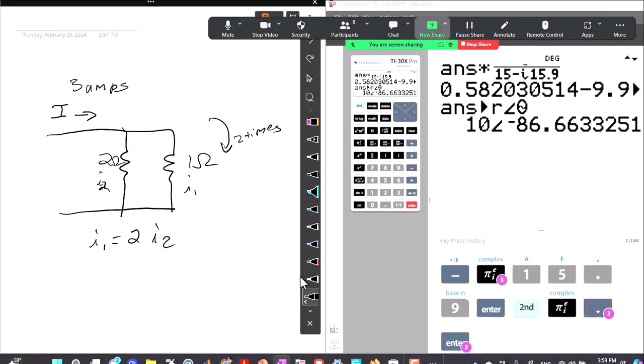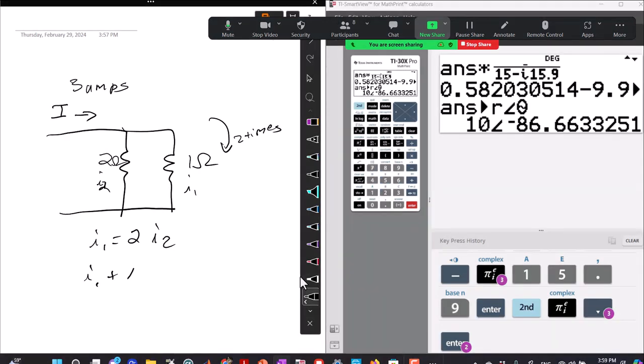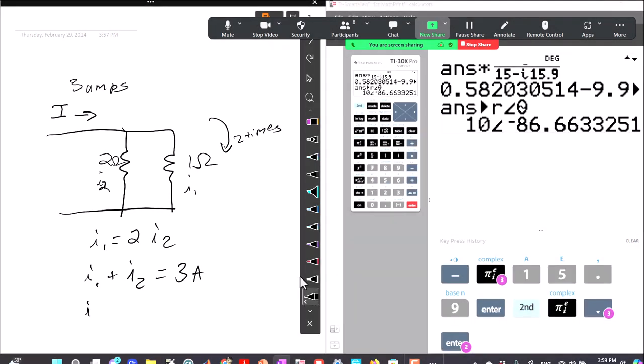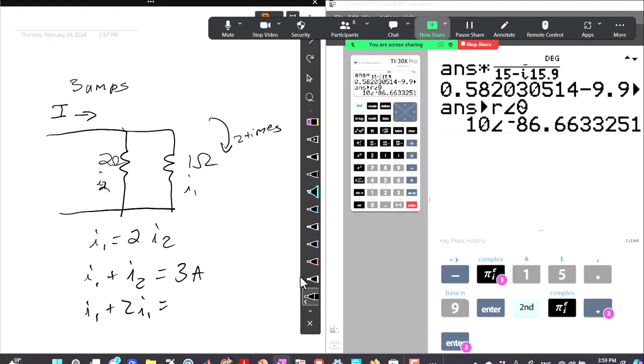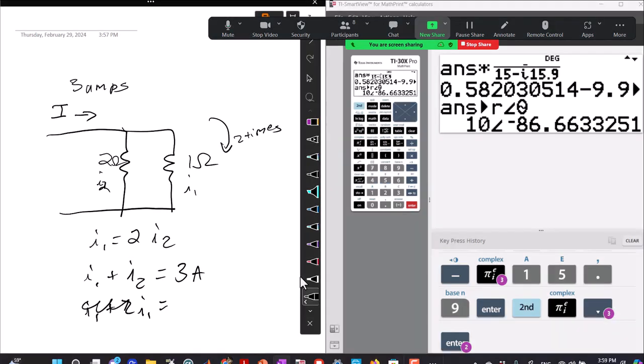I also know that I1 plus I2 has to equal 3 amps. Did I get this backwards? I1 equals 2I2, yeah.